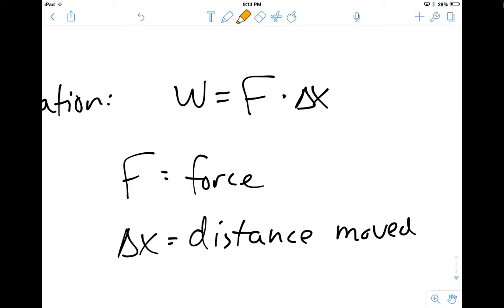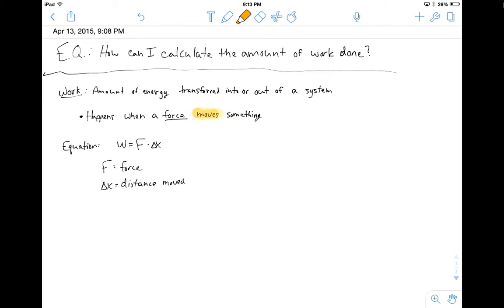So it's the force acted multiplied by the distance. So force times distance. At this point, I also want to talk about units.